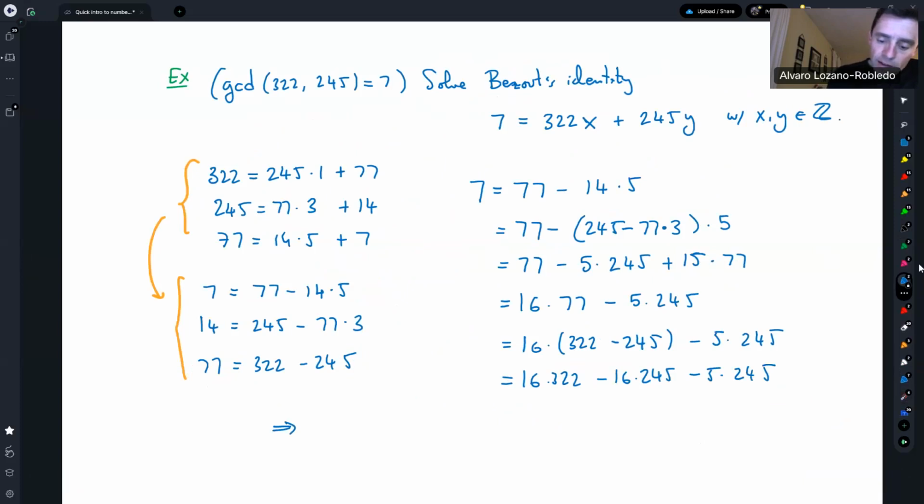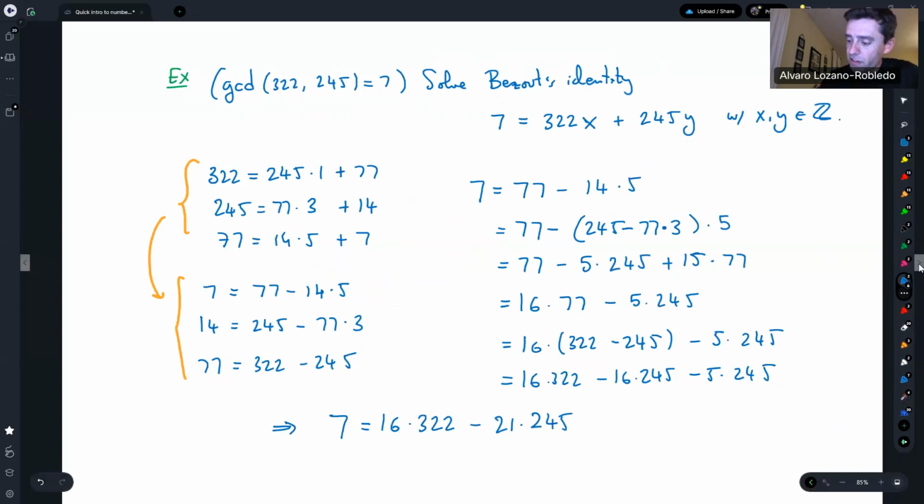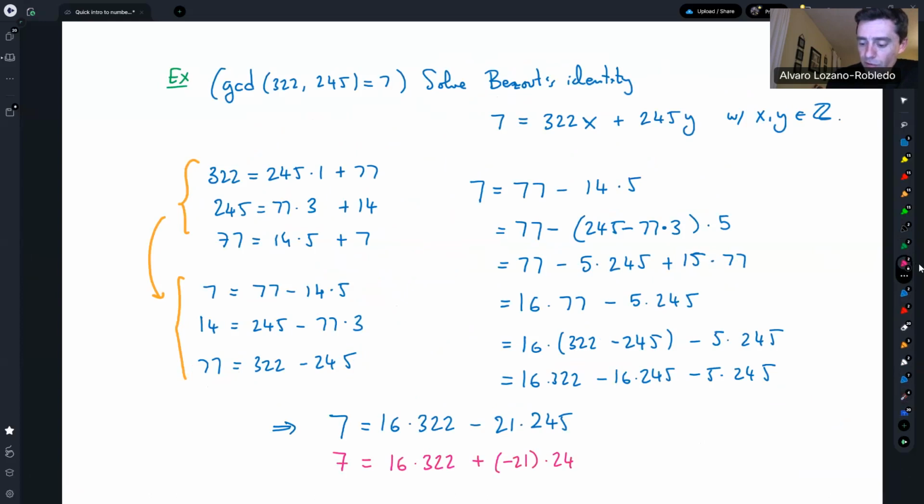And what I get at the end of the day is that 7 is 16 times 322 minus 16 and 5 is 21, so minus 21 times 245. And that is my solution, because what this says is that 7, let's write it here, 7 is 16 times 322 plus minus 21 times 245.